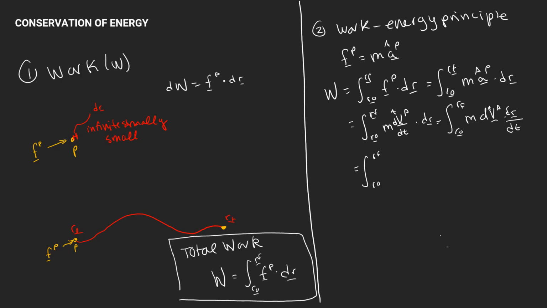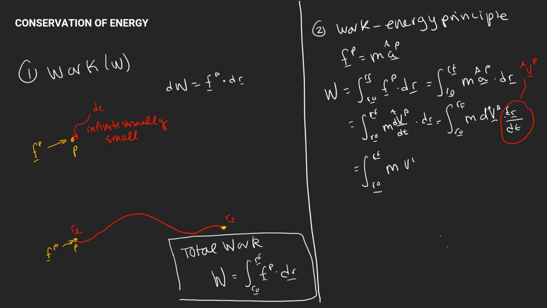And what that allows us to do is, if you think about this, the dr, so that's our change in displacement over dt over time, that actually is going to give us a velocity. So we can now write this term here as our velocity.